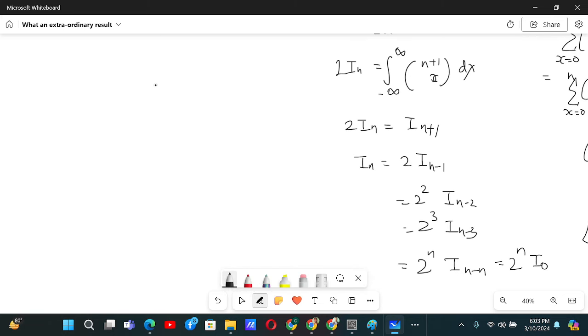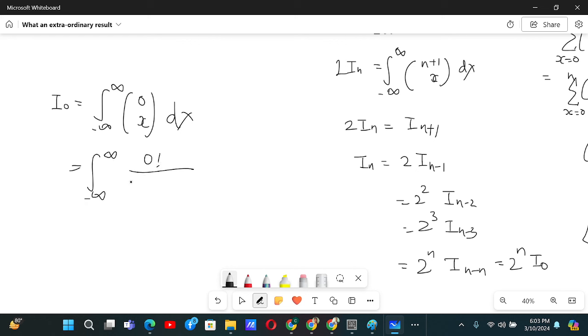Now to find I of 0, we know that I of 0 is just the integral from minus infinity to infinity of 0 choose x dx. Now we can use the definition of the binomial coefficient. This is 0 factorial over x factorial times (0 minus x) factorial.